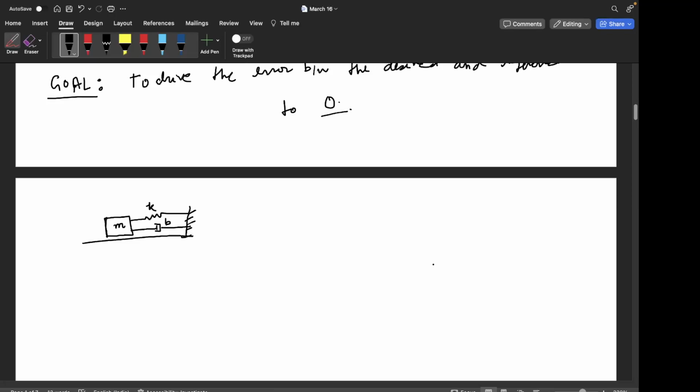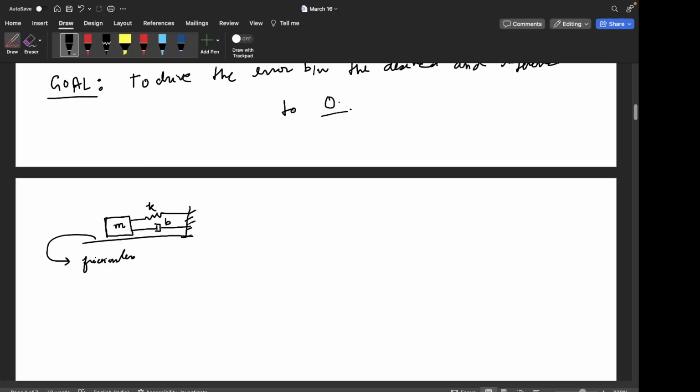So we will start from deriving the equations of motion of the system, right? And a few assumptions have to be made. First, this is frictionless. So the only forces acting on the block are the restoring force due to the spring and due to the damper.